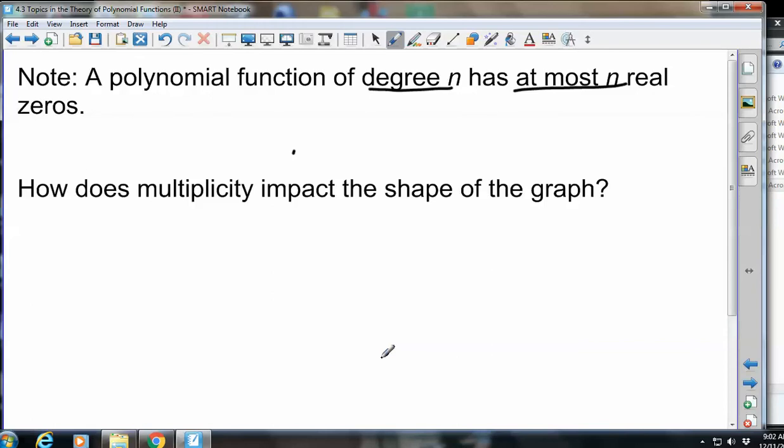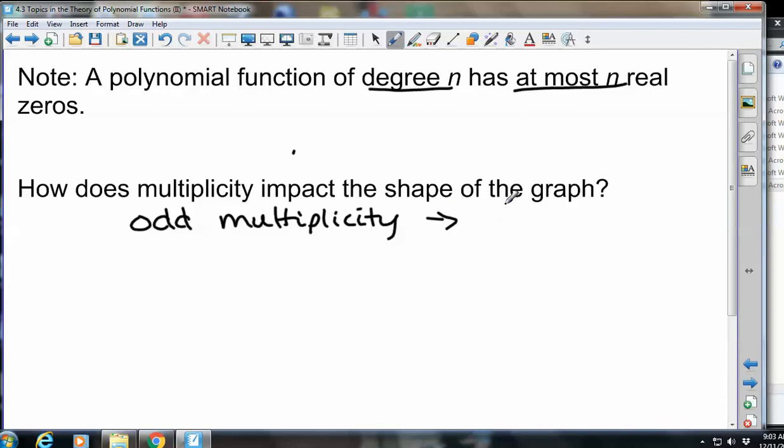We've also talked about multiplicity before. If you have that 4.1 handout, that messy stuff, the very last thing we did at the bottom had a box and talked about the shape of the graph with the multiplicity. And it said if the multiplicity is odd, what happens? Read it, Taylor.